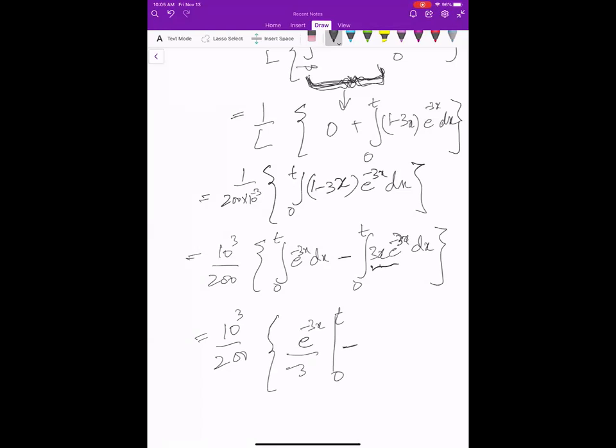If I take the integral of this, it will make it 3x e to the minus 3x by 3, minus, and then plus 3 e to the minus 3x dx.